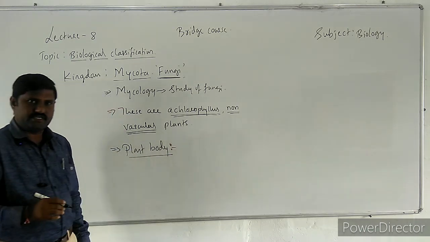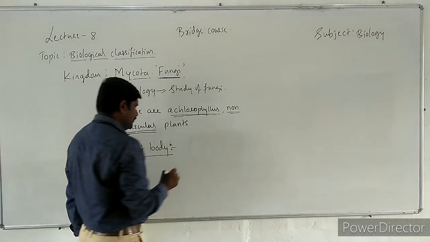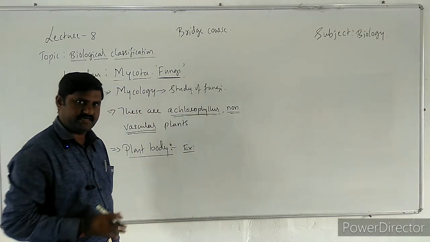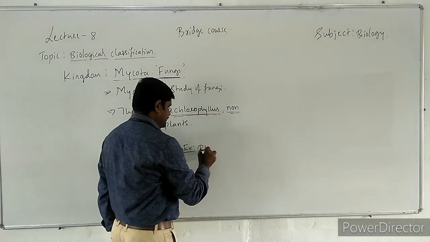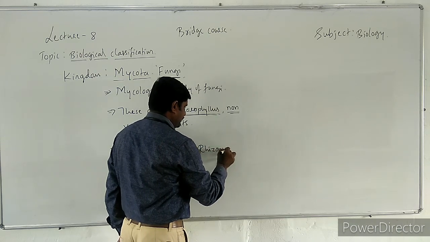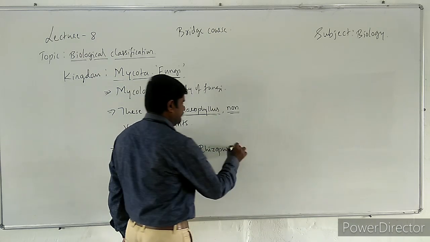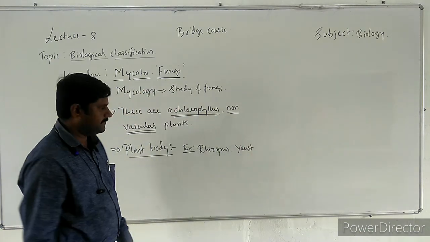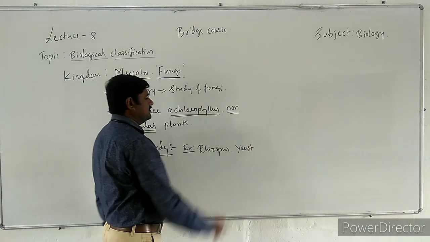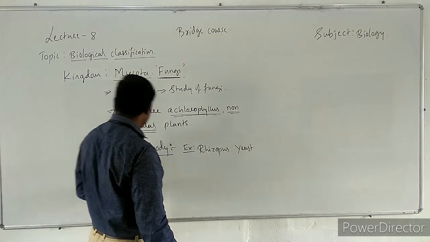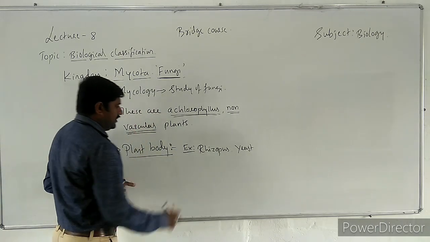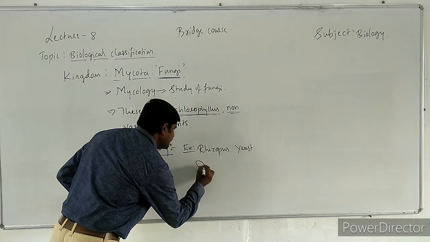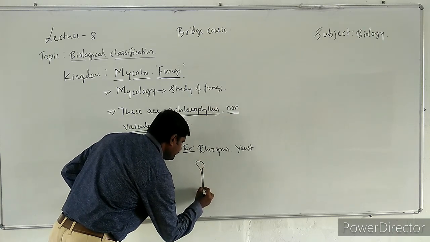When we go through some examples, one example we can take is Rhizopus. Yeast is also there. Yeast and Rhizopus are the best examples for these fungi. Whenever we go through the Rhizopus body, it has this kind of body.